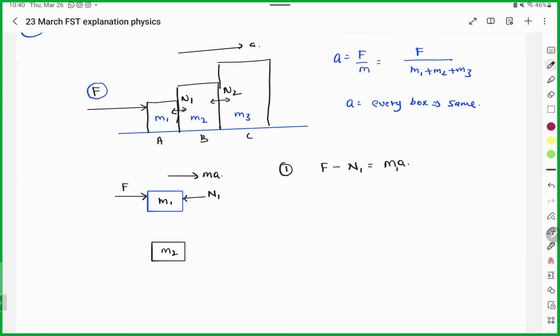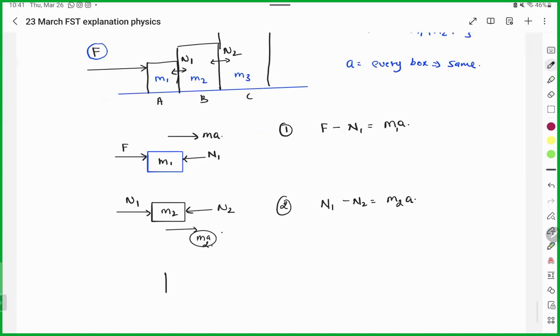If I take M2, so from the left hand side there will be normal reaction 1, from right hand side normal reaction 2। तो इसका अगर हम फ्री बॉडी डायग्राम बनाएंगे तो ज्यादा फोर्स कौन सा है, which is more, N1। कैसे पता चला, how do we know, because net body is moving in the right hand side। जहां पे बॉडी मूव कर रही होगी वहीं पे नेट फोर्स ज्यादा होता है। So N1 is greater than N2 and net is responsible for, okay। थर्ड बॉडी का अगर हम FBD बनाएंगे, if we make FBD of the third body, on the left hand side there is a force N2, right hand side no force, responsible for acceleration। So N2 will be equal to M3A। Anybody have question in this?